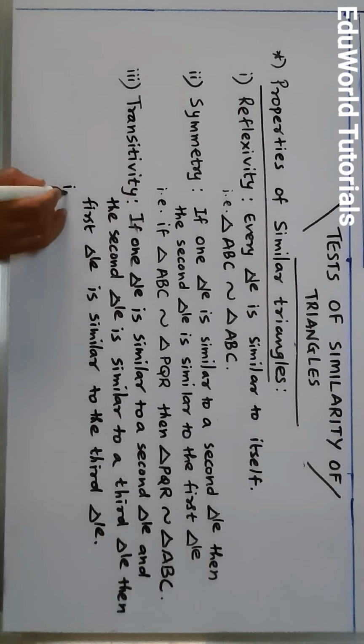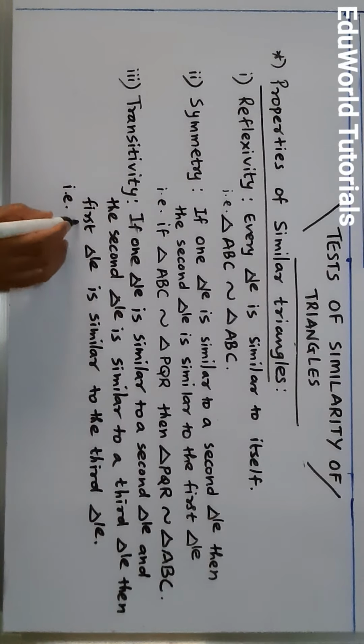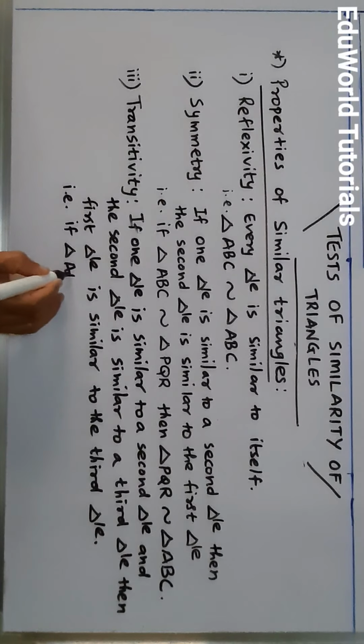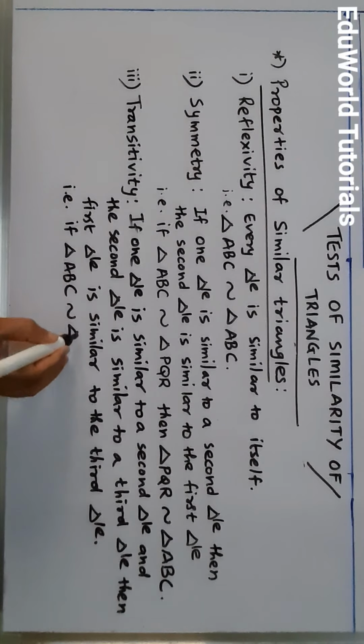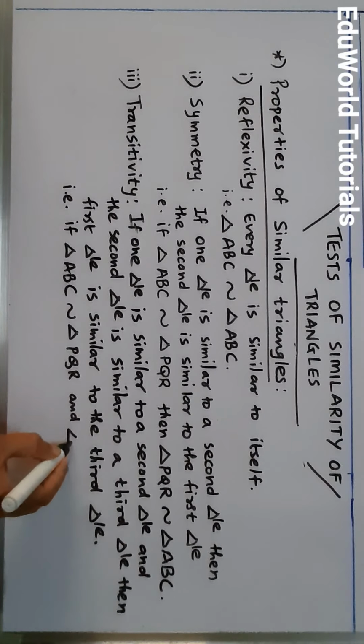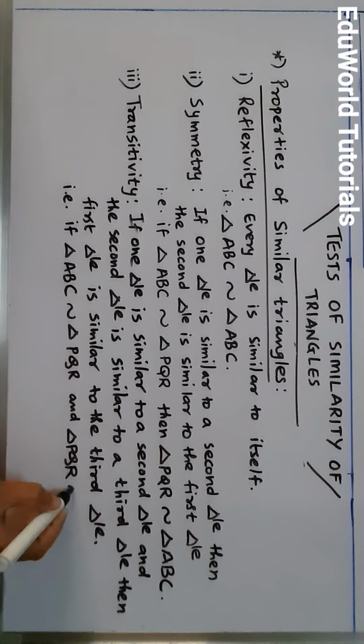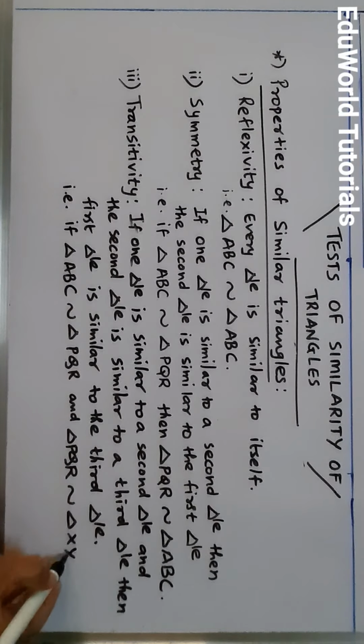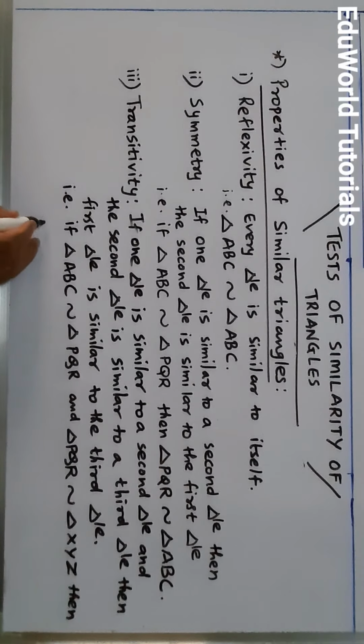We can write an example also. How did we start here? If triangle ABC is similar to triangle PQR and triangle PQR is similar to triangle XYZ, then first triangle, that is triangle ABC, will be similar to triangle XYZ, that is the third triangle.